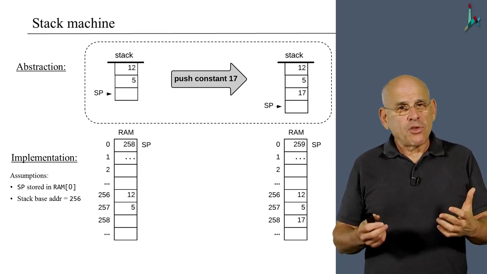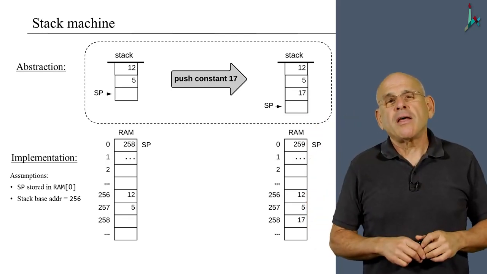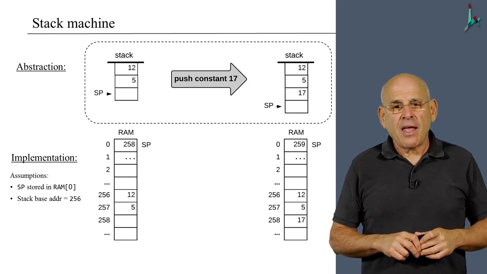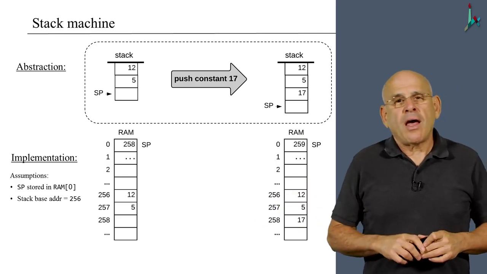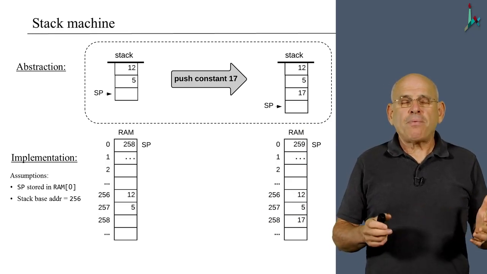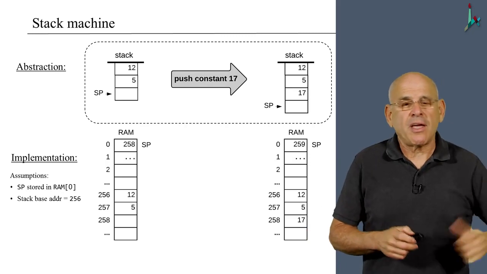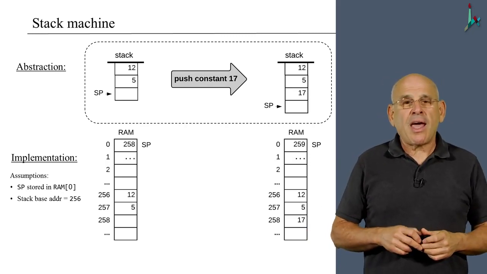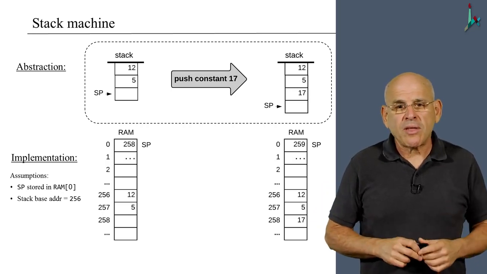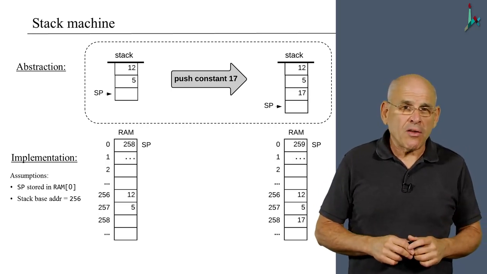Now, following the push constant 17, if we look at the top, we end up with the abstract stack state on the top right of the slide. And if we look at the bottom now, you will see that within the RAM, the number 17 ended up located in RAM[258], which happened to be the previously available space. And the stack pointer has moved one position forward, so now SP contains 259. So that's how we're going to model it on the RAM.